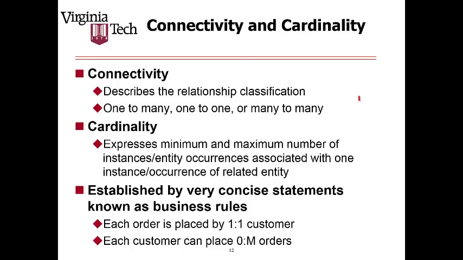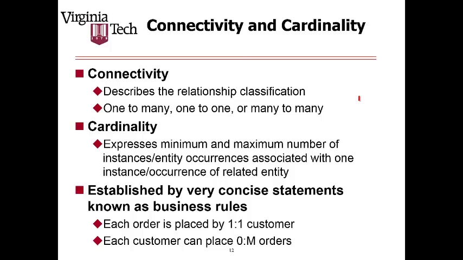And then cardinality is when you go to a little more detail on connectivity. Instead of saying that one instance is related to many instances, you can say one instance is related to 10 instances or 4 instances, or you can just go with many.